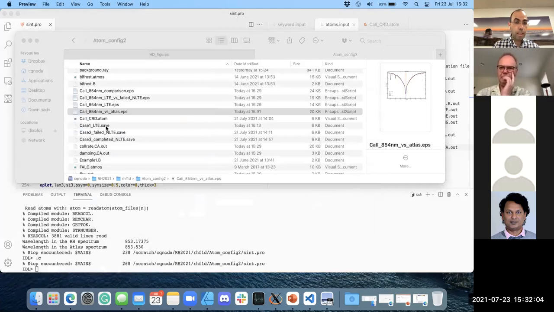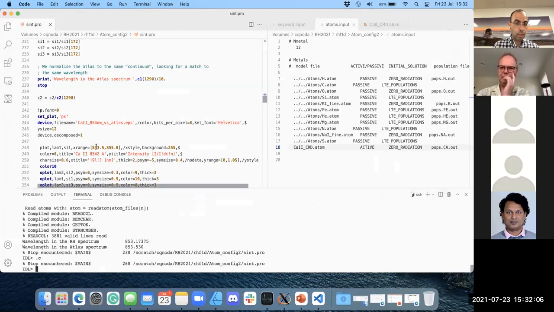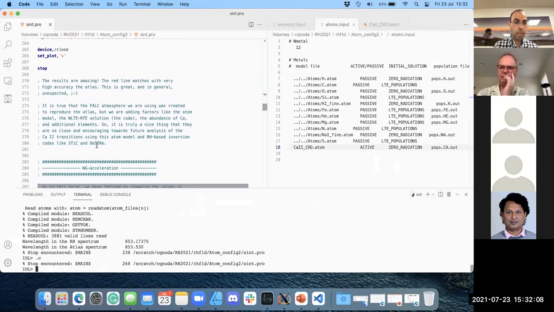Okay, so I added one comment that I would like to remark here: they are really good. So in general, when you use a FALC model, you are using an atmosphere that was created to reproduce the atlas, but it was based on a specific code that is not RH.